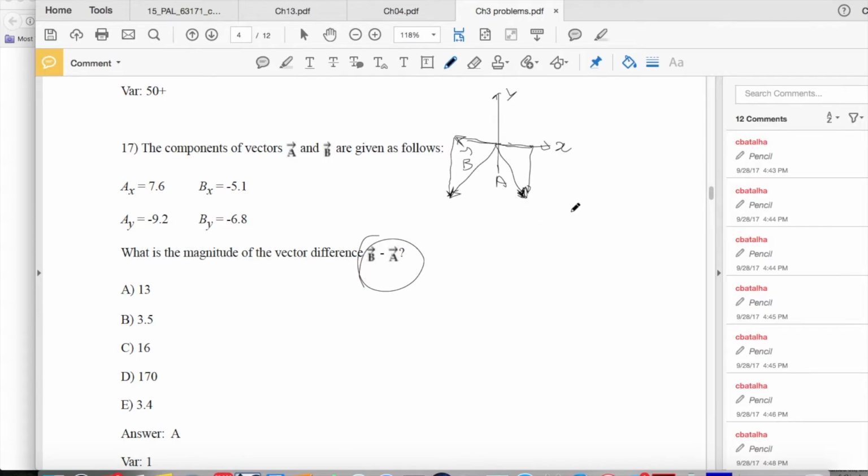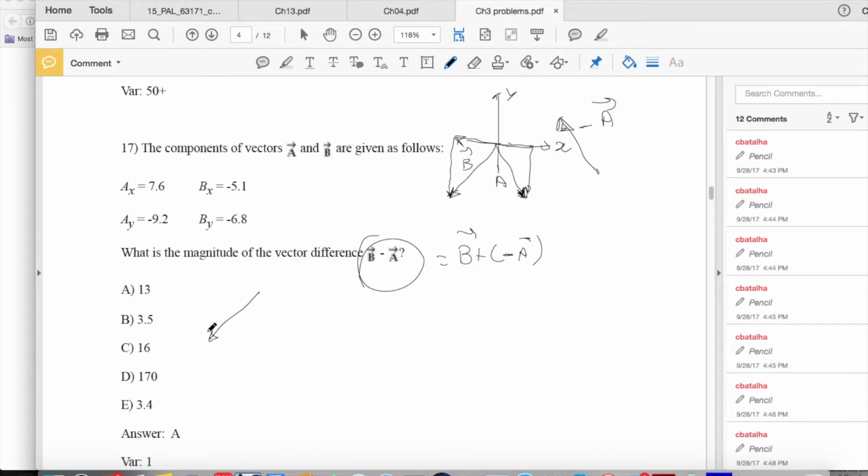So geometrically speaking, how do we do b minus a? Well, the minus a vector is this vector over here. This is the minus a vector, okay? So b minus a is the same thing as b plus that vector that I just drew, which means geometrically it would be something like this.